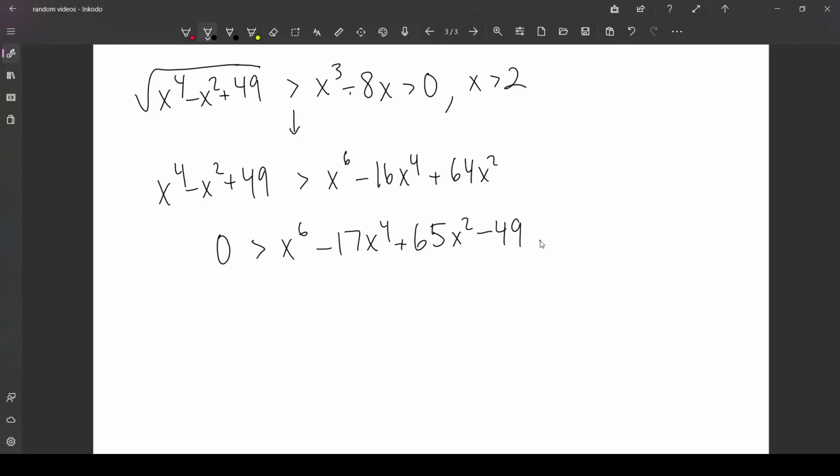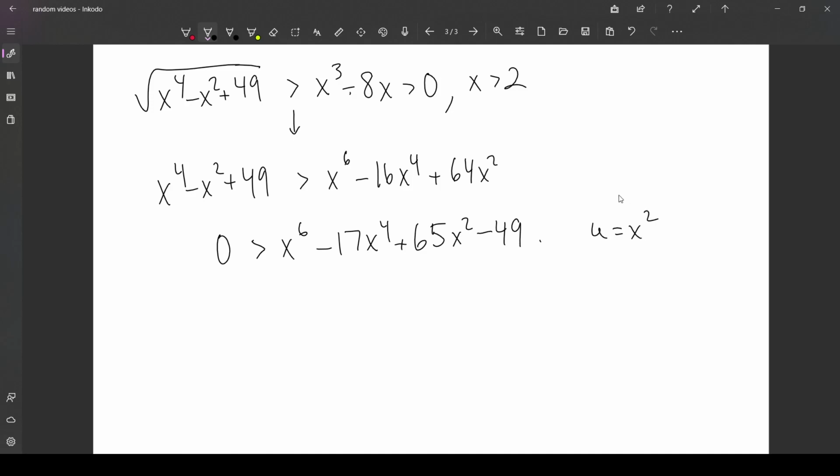Okay. And so this is an inequality in this 6th-degree polynomial. However, notice that this is a very special 6th-degree polynomial in that it's actually a cubic in x squared, right? So this is a cubic in x squared.